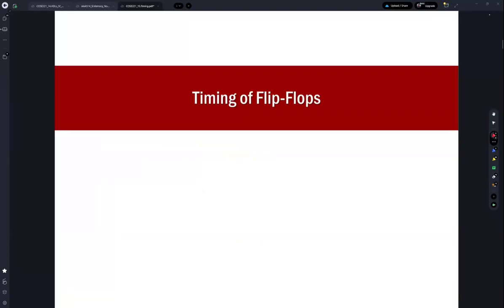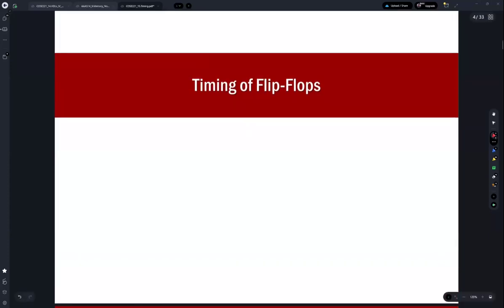Okay, as I mentioned, even though we learned about many different kinds of sequential logic, such as the bistable logic, latches, and flip-flops, we frequently use D flip-flops in digital systems.